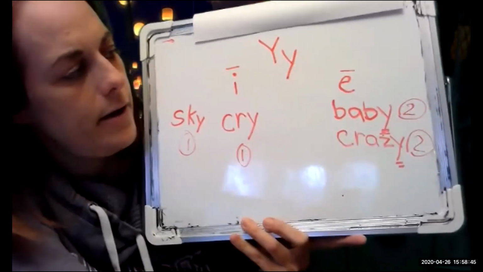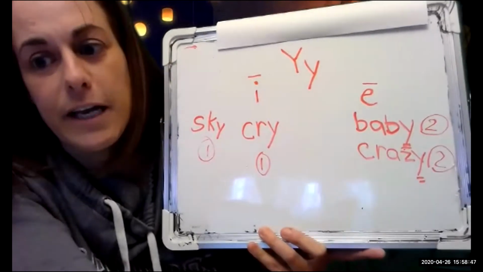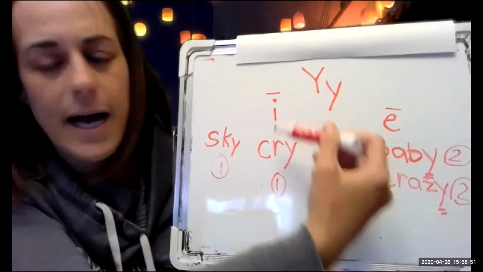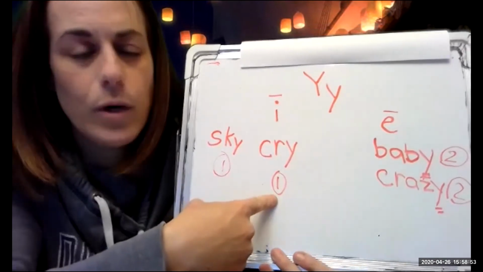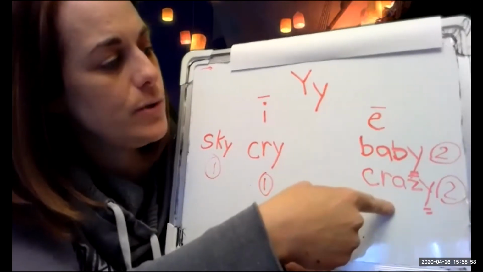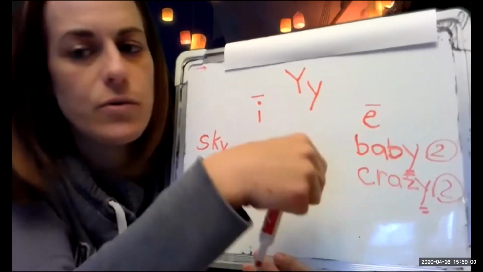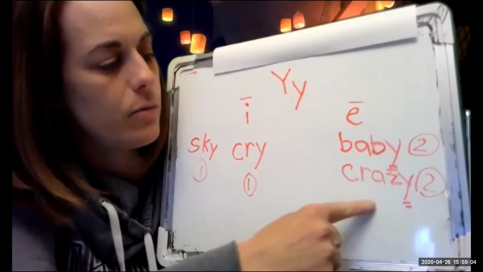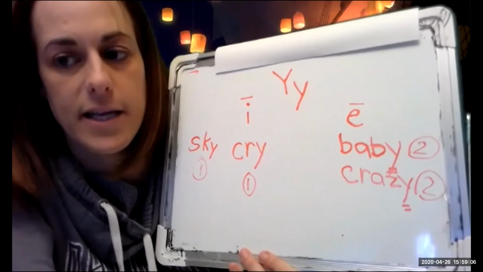Think about it. If you said that you use Y to represent long I when there's 1 syllable in the word, then you're right. If there's 2 syllables in the word, you're going to use that Y to represent the E sound. It's going to always make that E sound when you have 2 syllables and the Y is at the end.